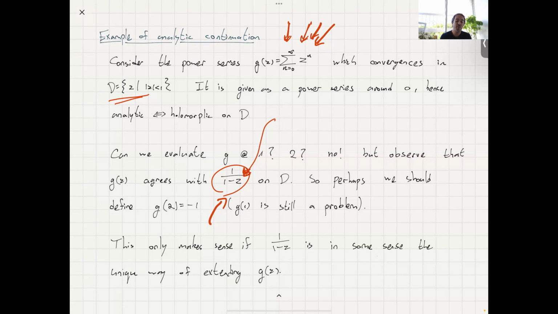So information theoretically, 1 divided by 1 minus z was already inside the belly of G. It was just maybe hard, in this case it was easy, to figure out which function is that unique analytic function that extends G, but it was always there. Information theoretically, G determines that function. Okay?